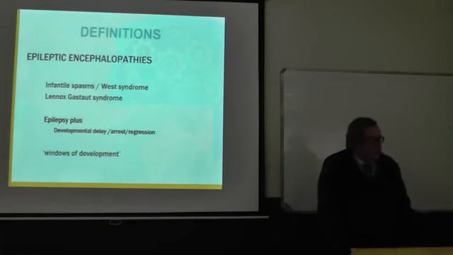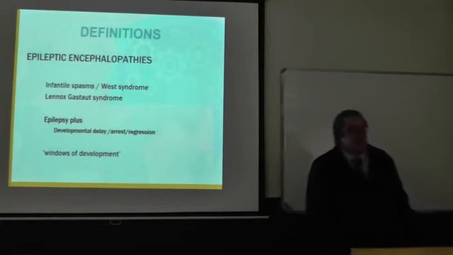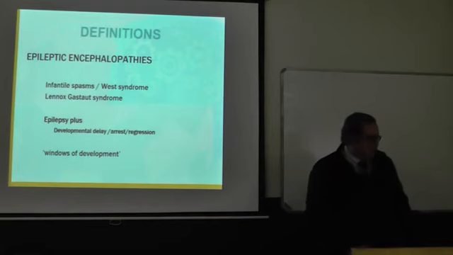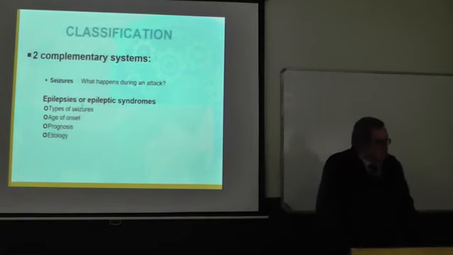Epileptic encephalopathies are basically epilepsy plus developmental delay or regression. So that means that the underlying issue or problem or syndrome causes the epilepsy, but it also causes regression in this child's development.